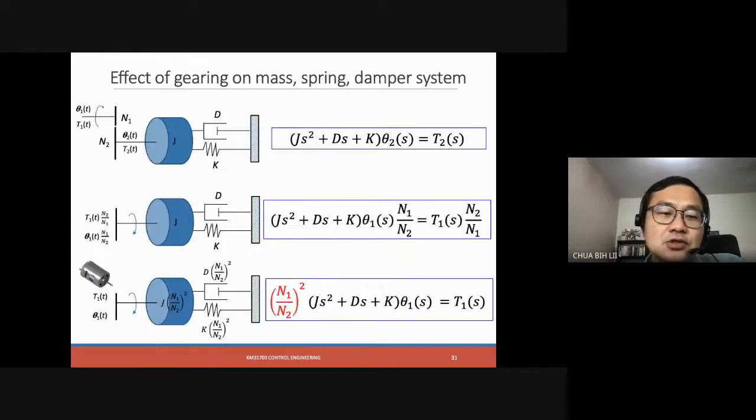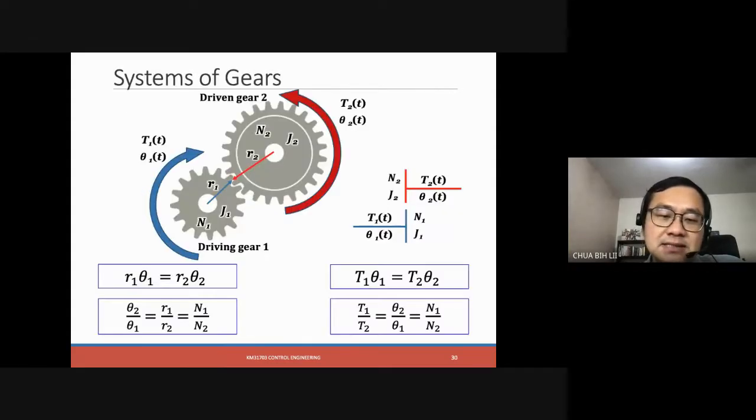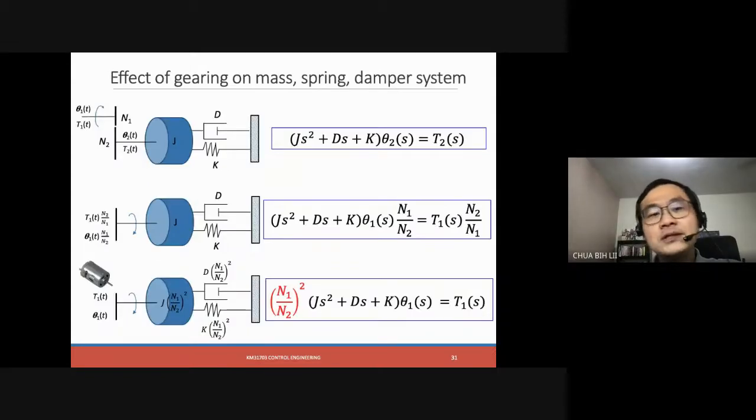Based on that concept, we can always see that there is a relationship or a ratio between the gears, N1, N2, and so on. In a normal rotational system, mechanically, we would use a lot of gearing.